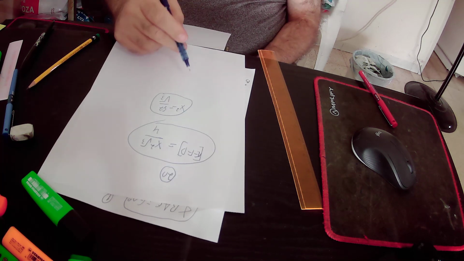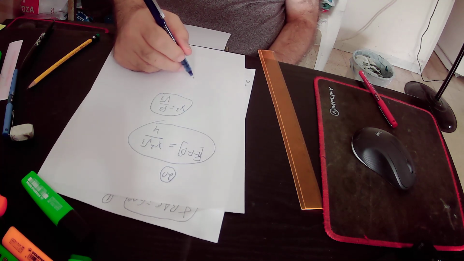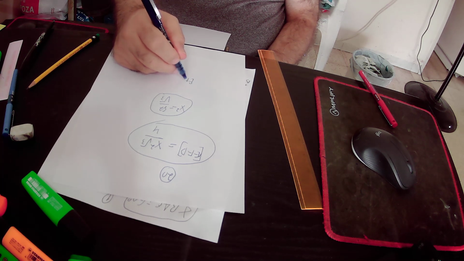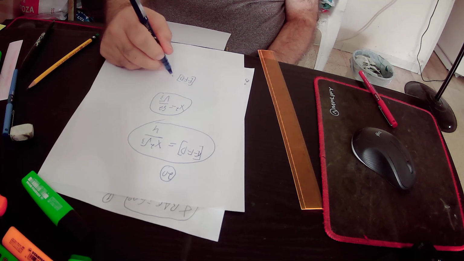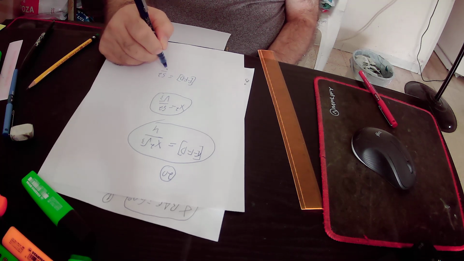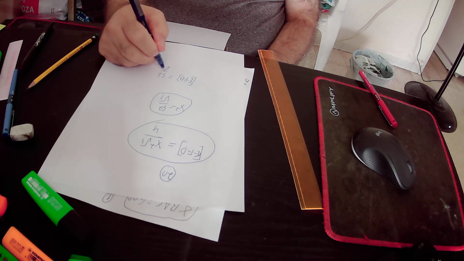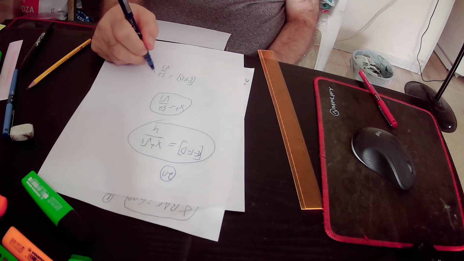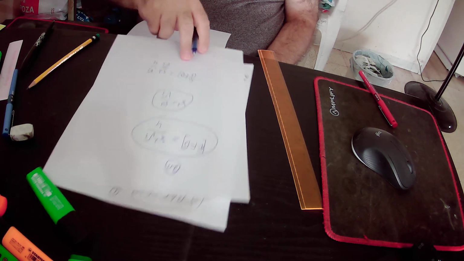We will find that the area of triangle EFD will be equal to 52 over root 3 times root 3 over 4.